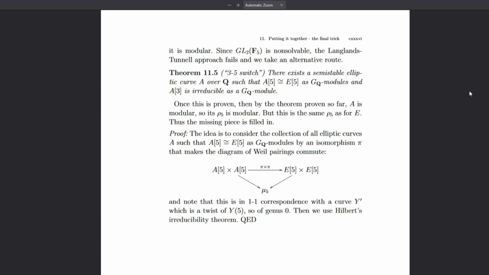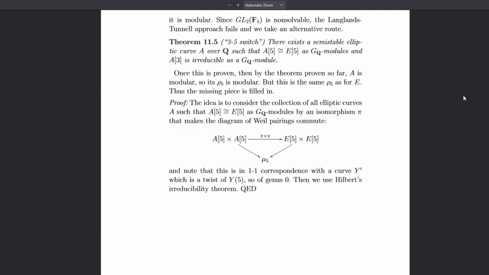Both A[5] times A[5] and E[5] times E[5] map to mu_5. Note that this is in one-to-one correspondence with a curve Y prime, which is a twist of Y(5), so of genus 0. This allows us to use Hilbert's irreducibility theorem to complete the proof.